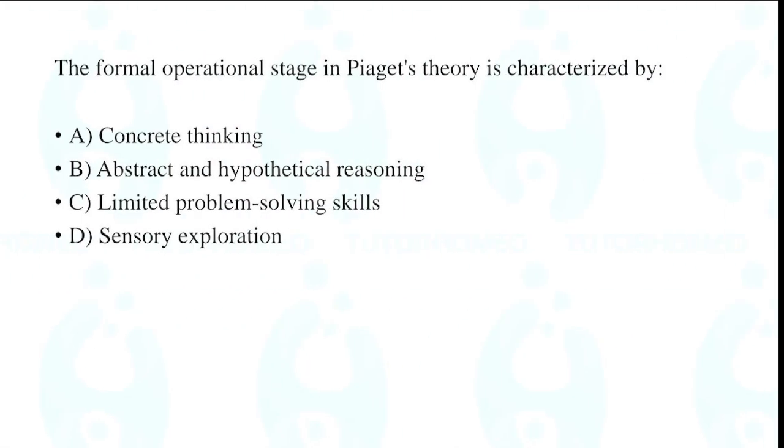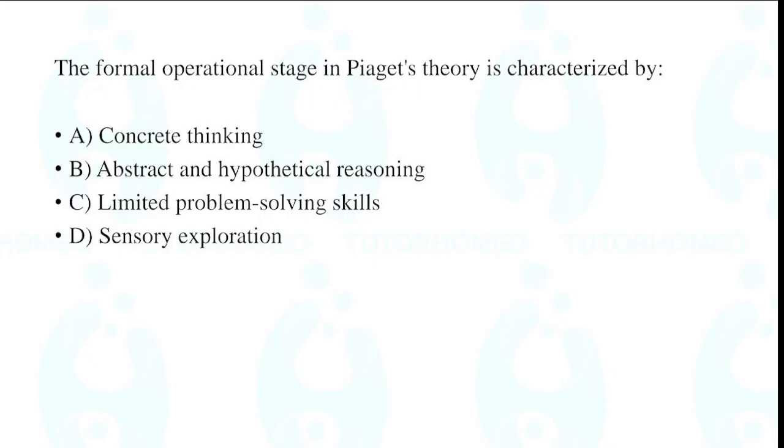Next question is, the formal operational stage in Piaget's theory is characterized by what? Is it concrete thinking, abstract and hypothetical reasoning, limited problem solving skill, or sensory exploration? Which among these comes under the formal operational stage in Piaget's theory?